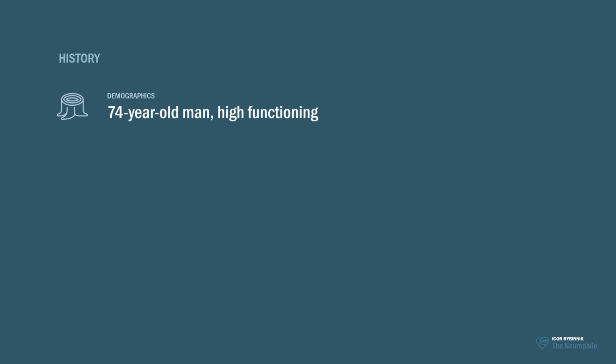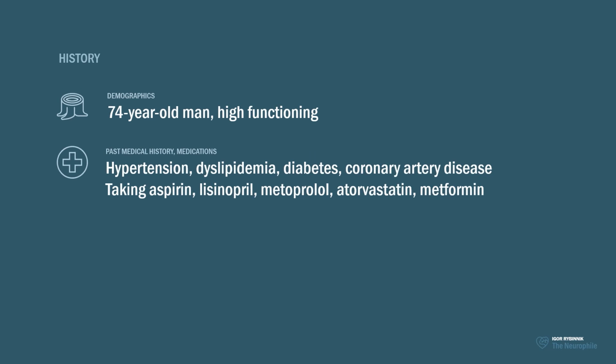We have a 74-year-old man, high functioning at baseline. He's independent, ambulates without assistance, drives, and manages his own finances. Our patient has the typical risk factors of hypertension, dyslipidemia, non-insulin dependent diabetes, and coronary artery disease. These risk factors are well managed with aspirin, lisinopril, metoprolol, atorvastatin, and metformin.